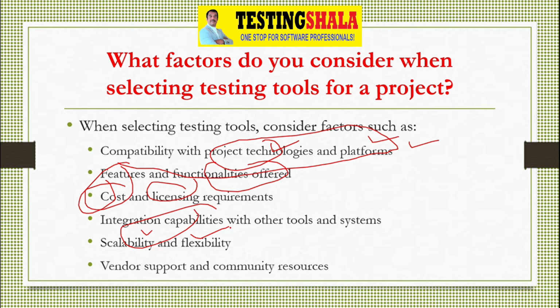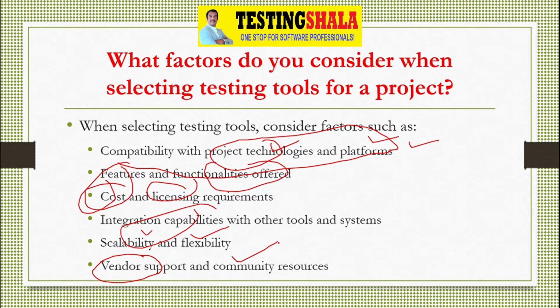And again we should see what kind of vendors we have for those tools, how they provide support once we buy them, and how much community support is available for that tool. If there is no community, we have to depend completely on vendor support only, which becomes very challenging.